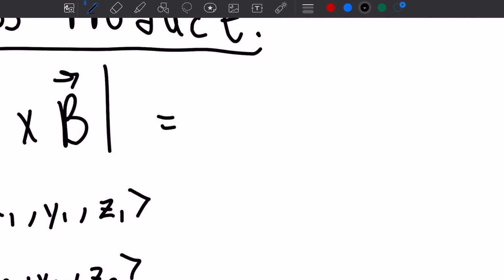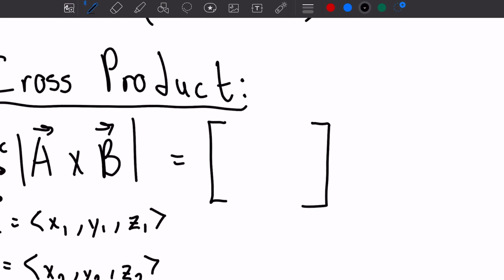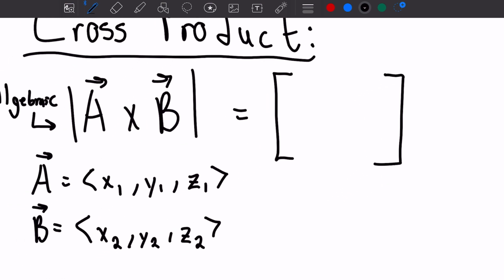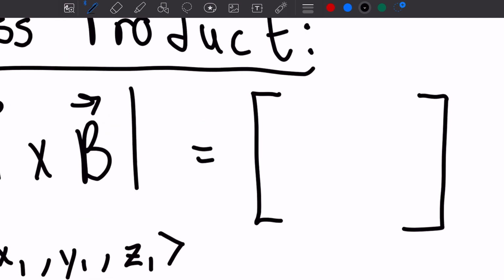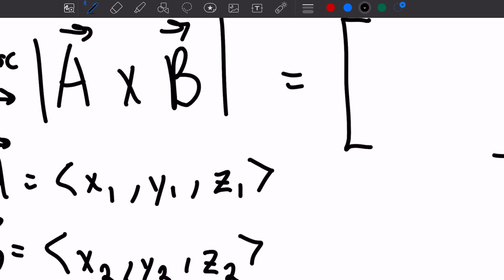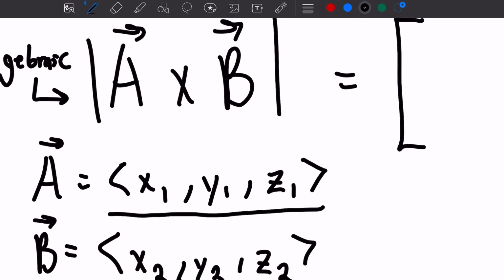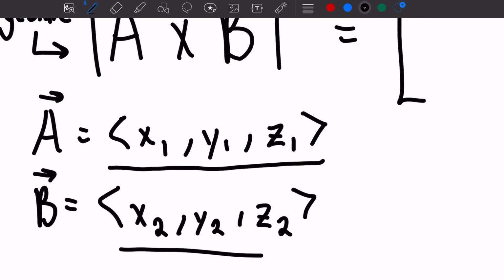And so essentially what we're going to do in this scenario is make a 3x3 matrix with each of these components. So for the two rows, you may be able to easily identify what we're going to be using here. We're just going to use each of the components of these vectors.